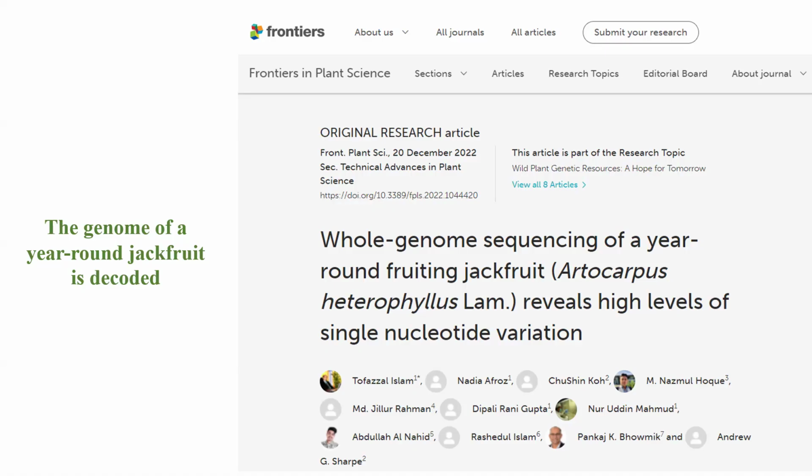Anytime you visit there, you can find 200 fruits or so. It was stunning. So I thought, if we get the molecular switches and codes of its year-round nature, then we can commercialize the jackfruit, because Bangladesh is the second highest jackfruit growing country after India, and it is our national fruit. Then many industries can be developed.